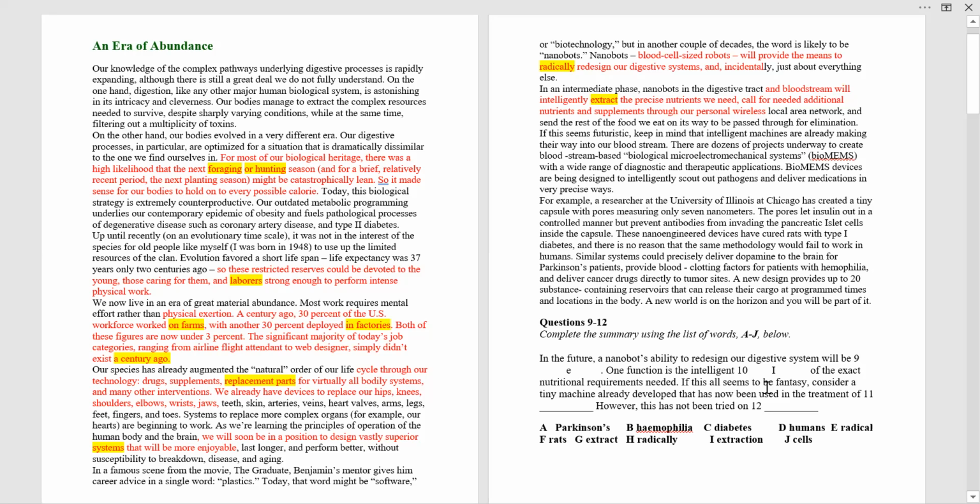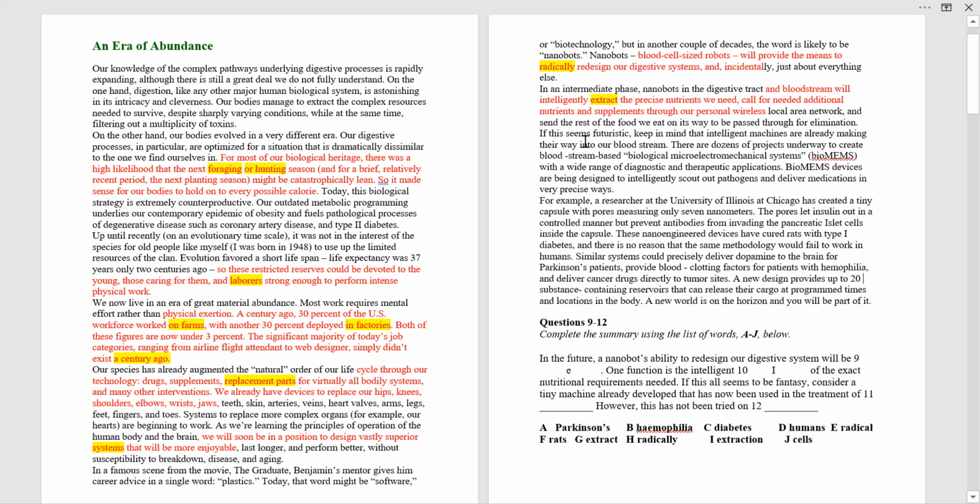Okay, if this all seems to be fantasy, consider a tiny machine already developed that has now been used in the treatment of dash. However, this has not been tried on dash. So if you feel like this is all fantasy, they are telling us to imagine that there is already a machine developed for the treatment of dash. For the treatment of what has the machine been developed?